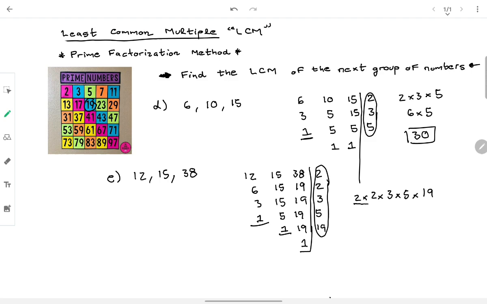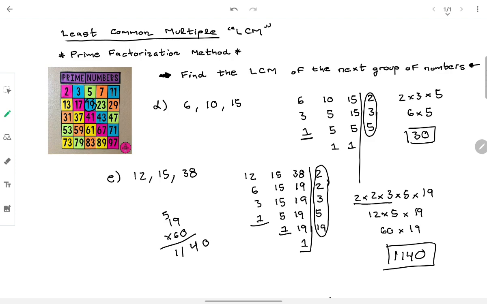So this part gets us 12 times 5 times 19. So that will give us 60 times 19. So if we multiply 19 by 60, it will give us 1140. So the least common multiple between 12, 15, and 38 will be 1140.